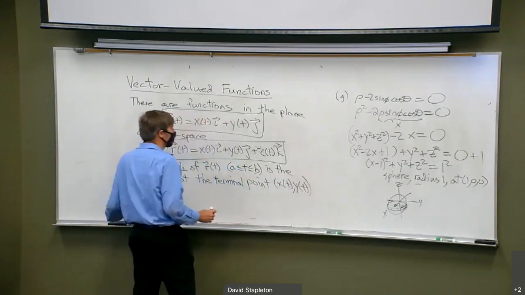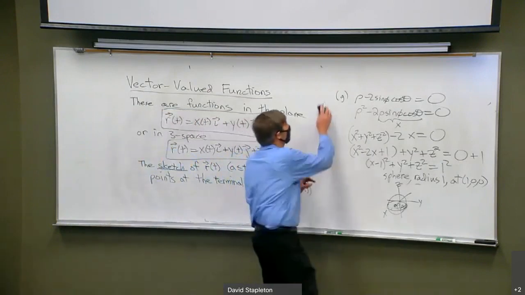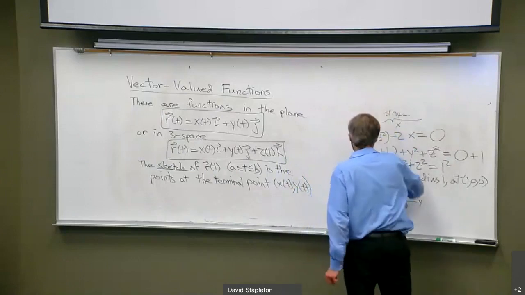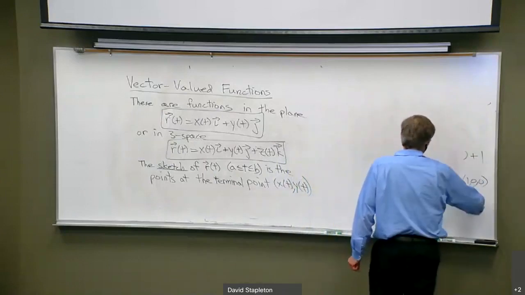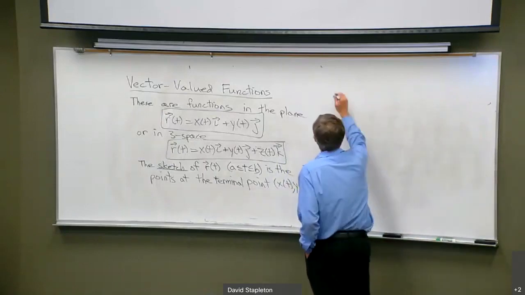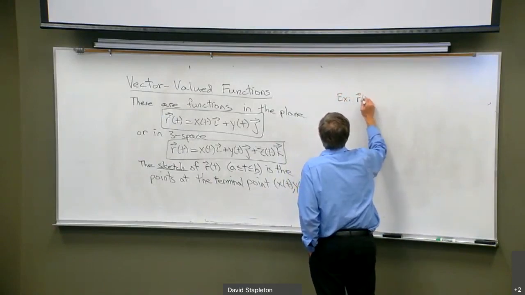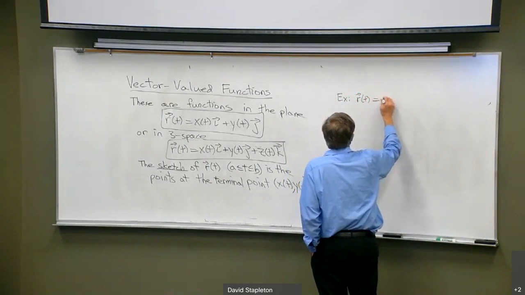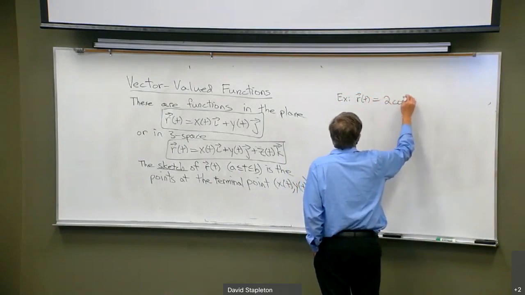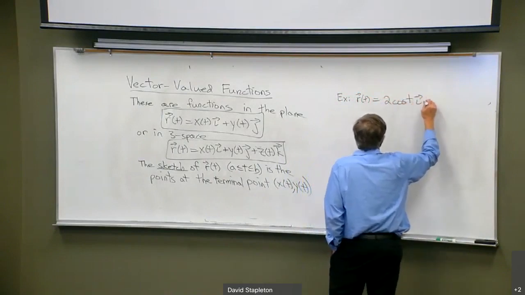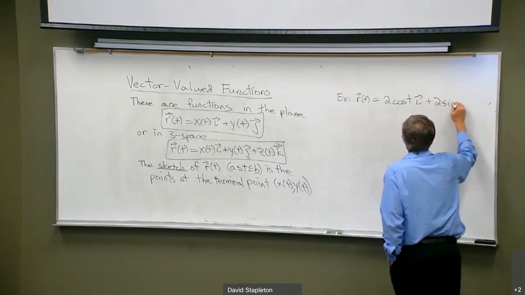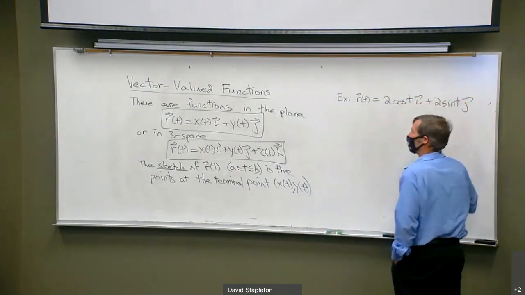And so the idea is, we want to sketch, for instance, R of t equals 2 cosine t i plus 2 sine t j. What is that?